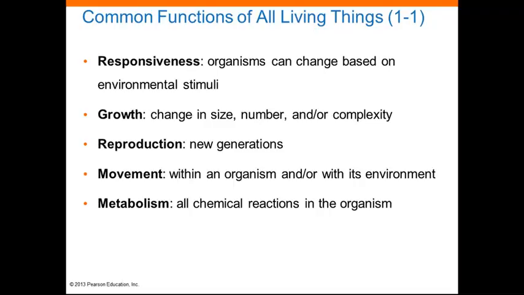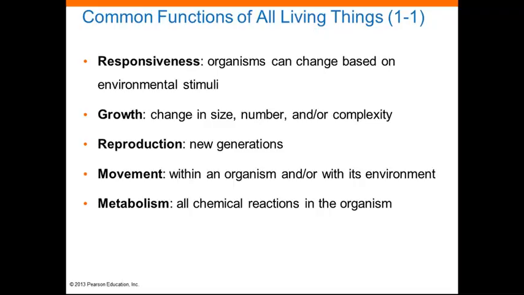All living things can grow, and that can be an increase in size or an increase in the number of cells or an increase in the complexity of cells or some combination of all 3. Those all fall into the category of growth. The process of developing a variety of cells is called differentiation, and that also falls into growth.